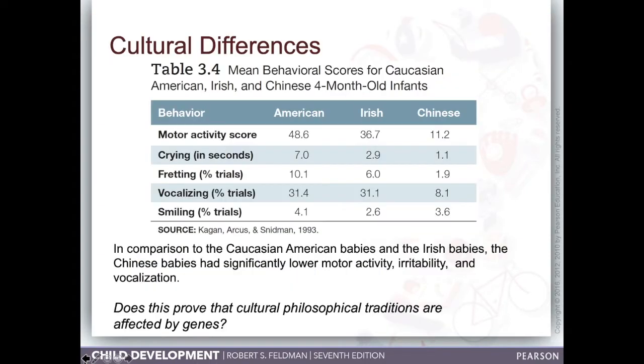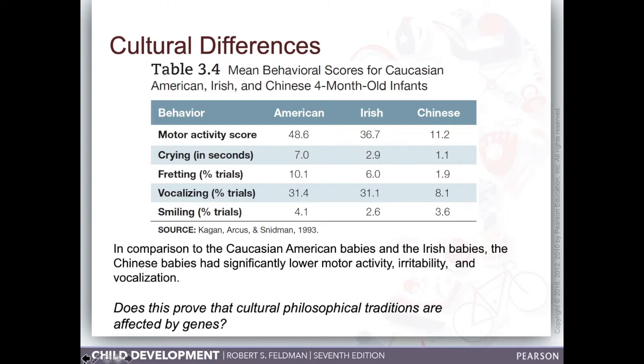Cultural differences. This is the mean behavioral scores for Caucasian American, Irish, and Chinese 4-month-old infants. So all the same age, showing behavior in the different cultures. You can see that the American children have much higher scores in most of these categories.